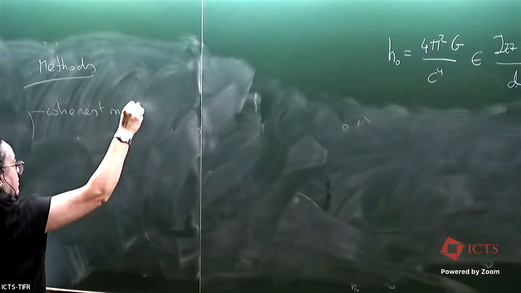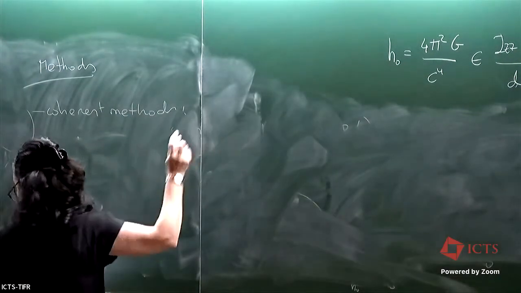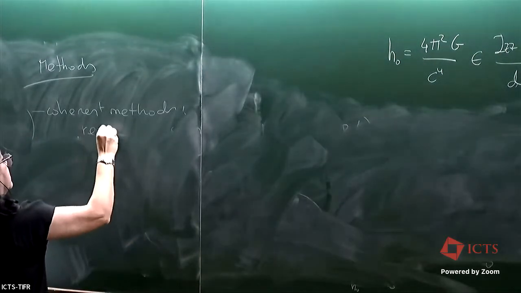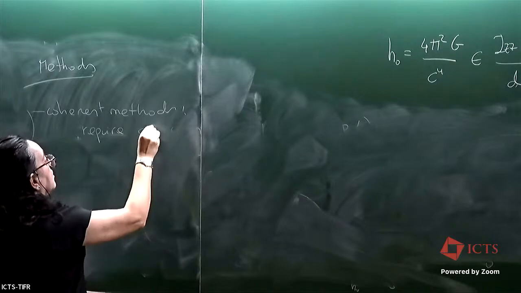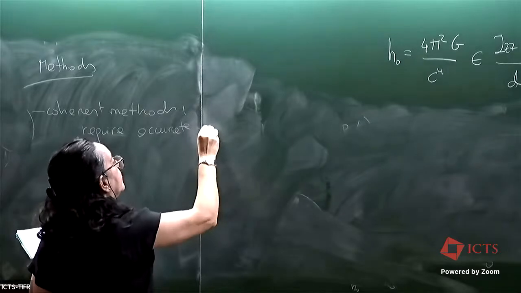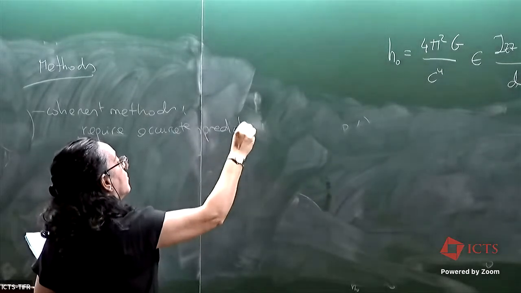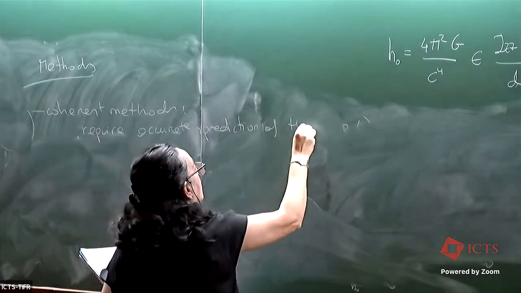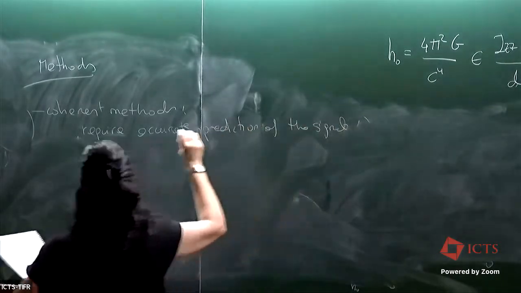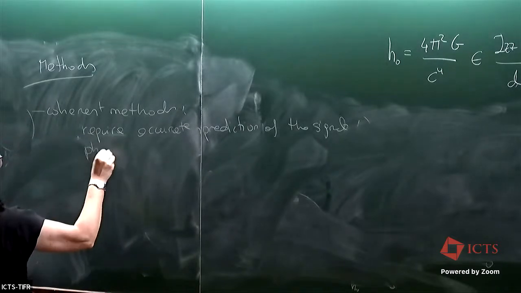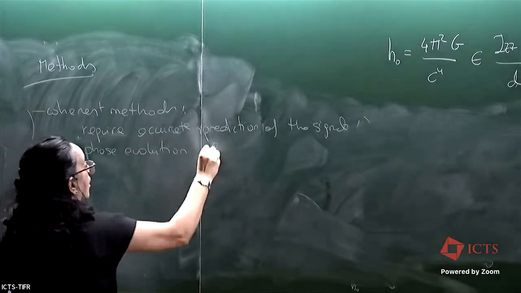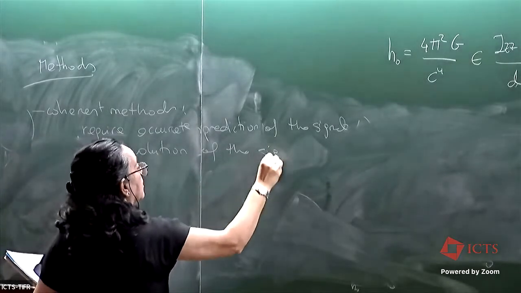Coherent methods, like the two ones that I just described, and that means that they require accurate prediction of the signal phase evolution of the signal.